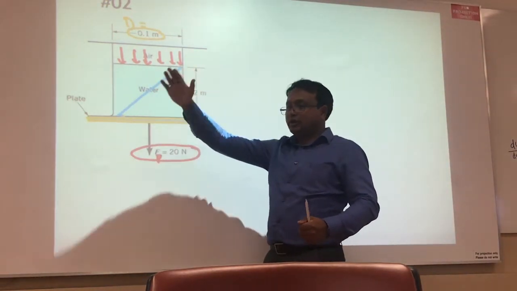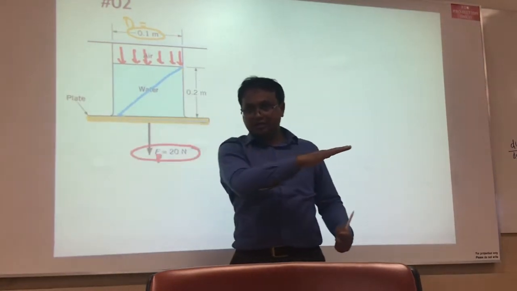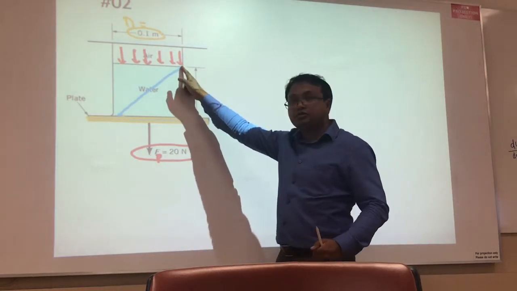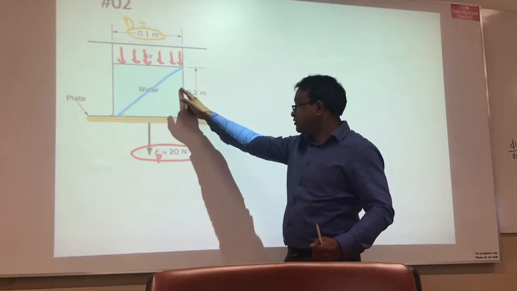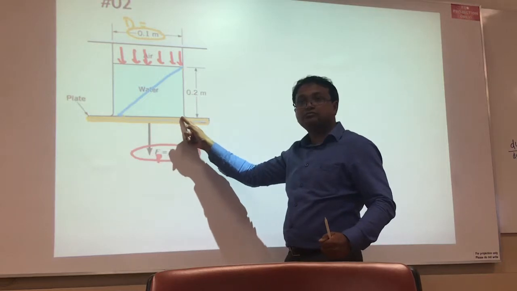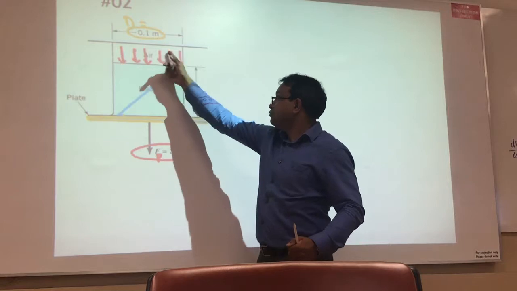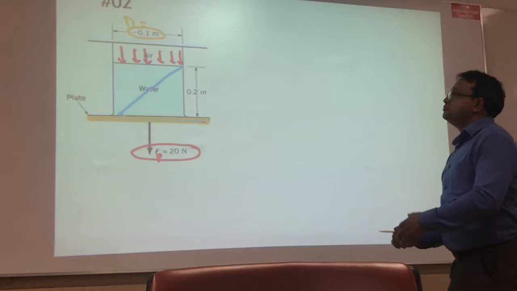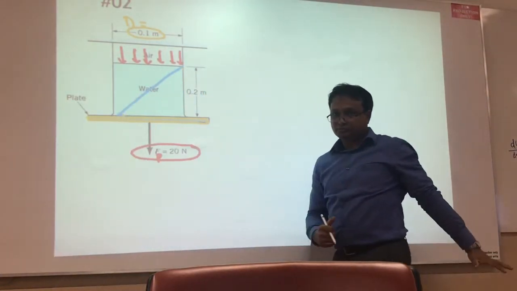Horizontally the water pressure is the same, but vertically it varies. At the top the magnitude is 0, and it increases downward; here is the highest value for water pressure. But the air pressure is the same everywhere. So here I get air pressure and here water pressure.